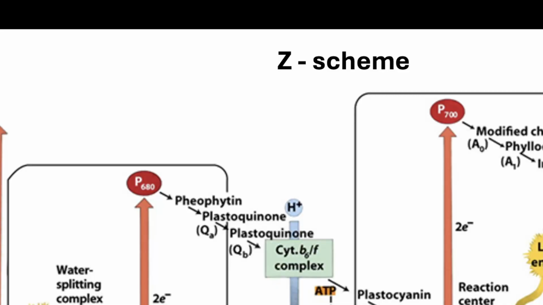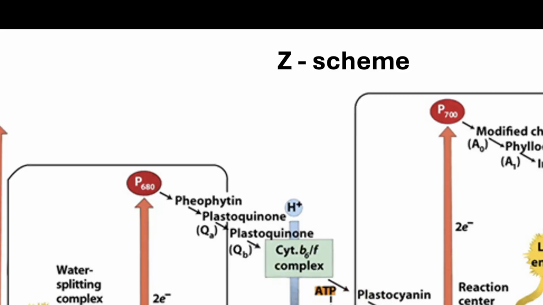So first the reaction starts when light energy hits P680, and the electron is excited. The electron is then passed on to the first carrier, which is pheophytin. Pheophytin then transports it to plastoquinone, and plastoquinone gives it to the cytochrome B6 complex. The cytochrome B complex then transports it to photosystem 1, which is P700.